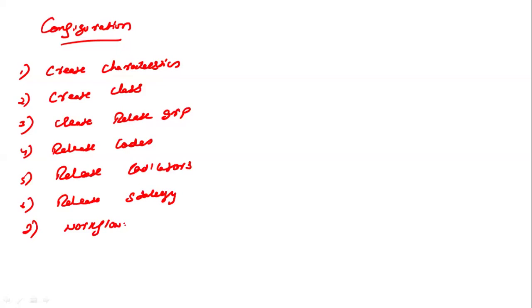Okay, so these are the configuration steps. Let me go one by one. First thing is the release characteristics. So what are these characteristics? Characteristics are nothing but condition values. I said the release procedure will get triggered only based on the condition.